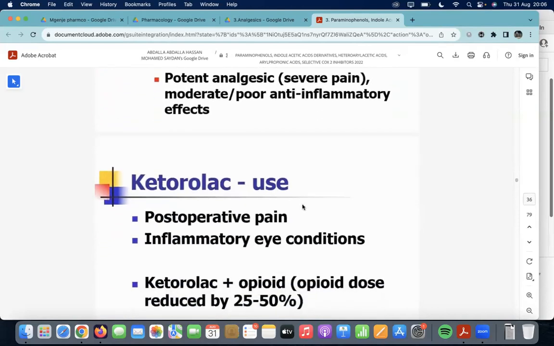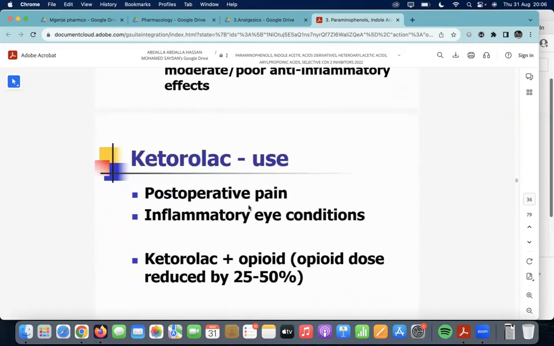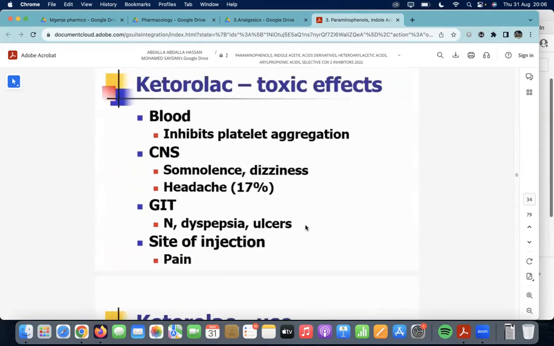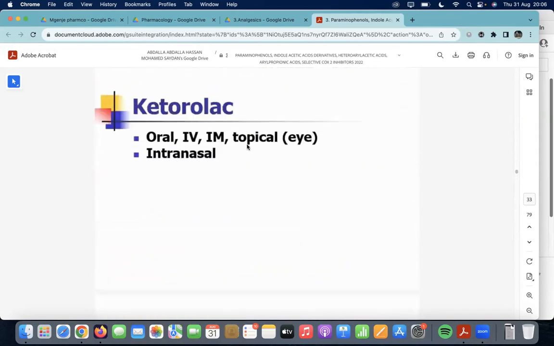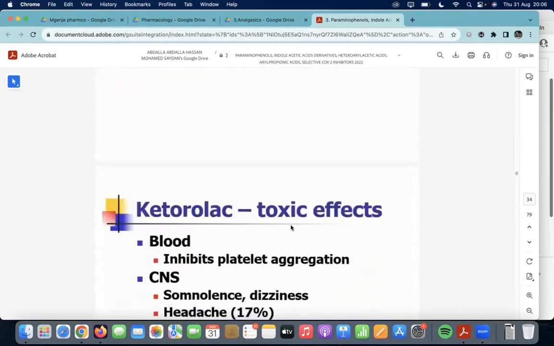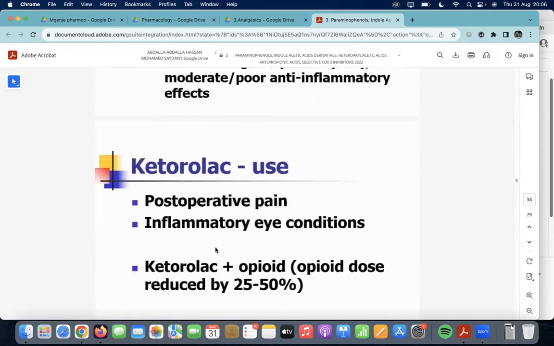It's used for post-operative pain and inflammatory eye conditions. For the eye, it's given topically, because of the inflammatory eye conditions.